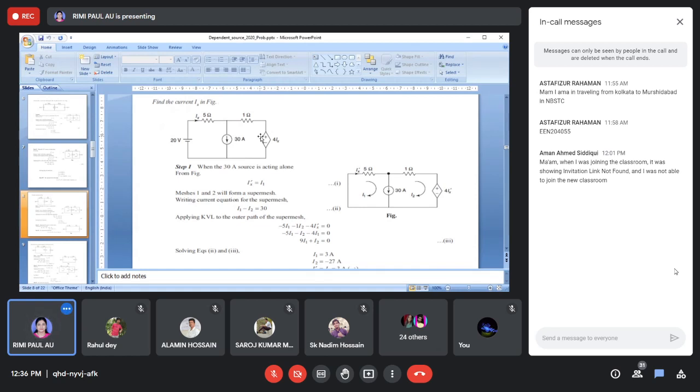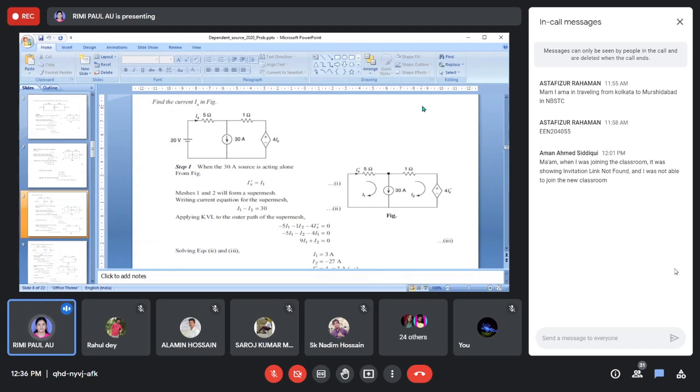Always remember, whenever you apply the superposition theorem, you have to check which sources are independent and which are dependent. Second, you have to see which branch current or voltage the dependent source depends on. If that branch current or voltage is 0, then you can remove this source.